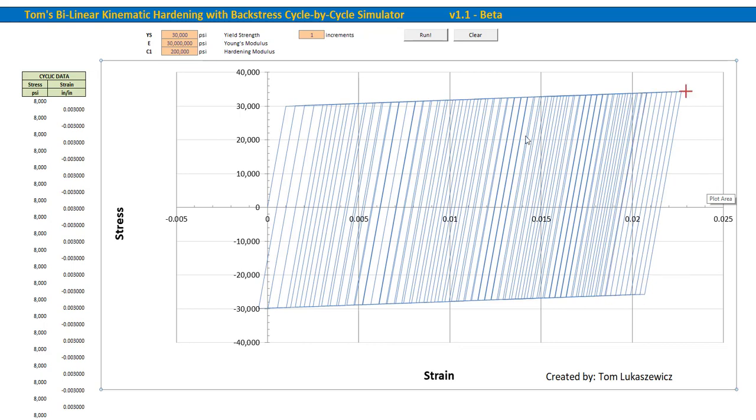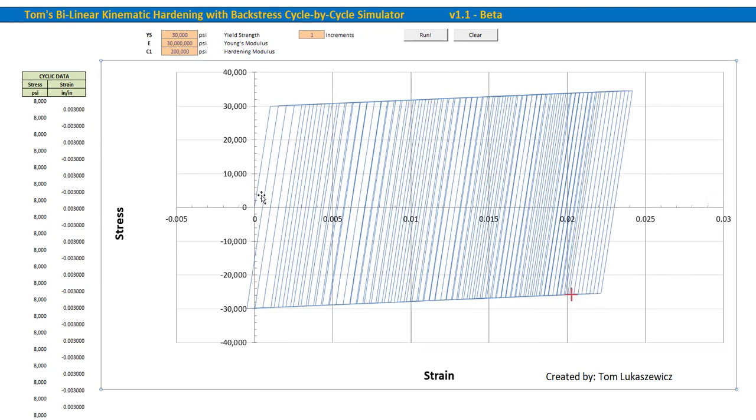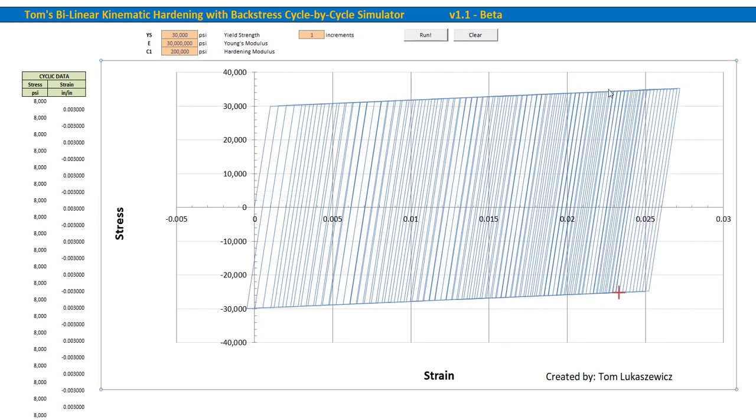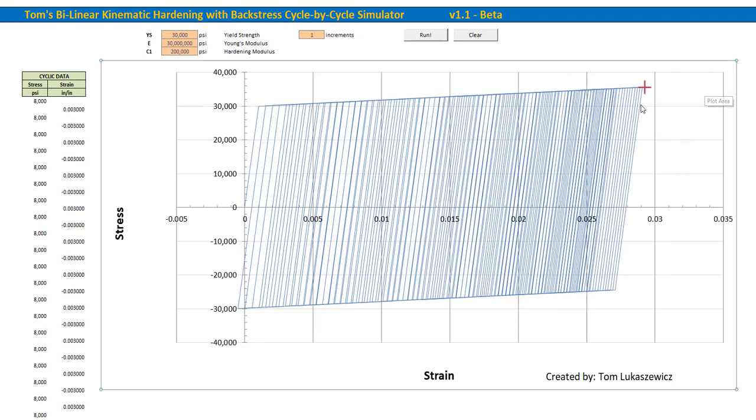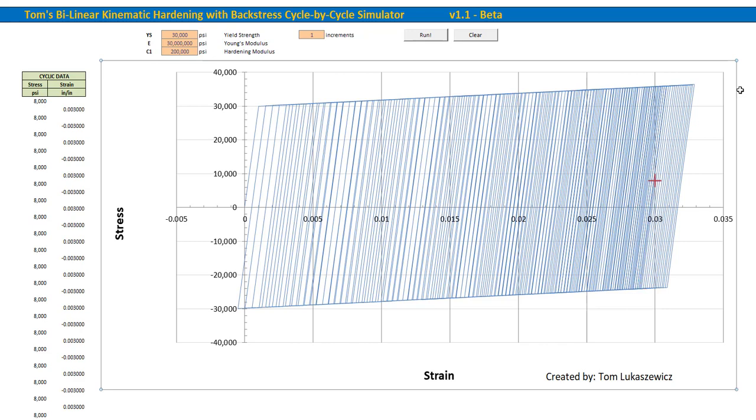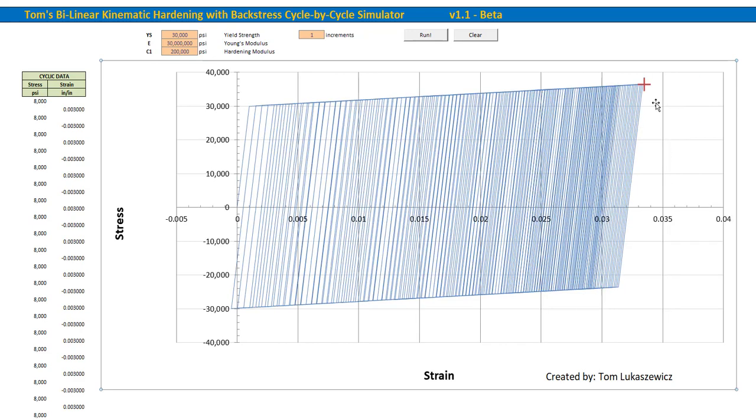The mean stress here is at 8 ksi, and as this moves, with the hardening slope, it's shifting, and it might be hard to tell, but each increment is getting smaller and smaller versus, let's say, the front, in the amount of strain you're accumulating per cycle. So you can see that it's starting to slow down and somewhat stabilize.